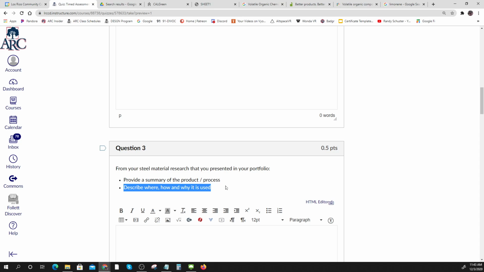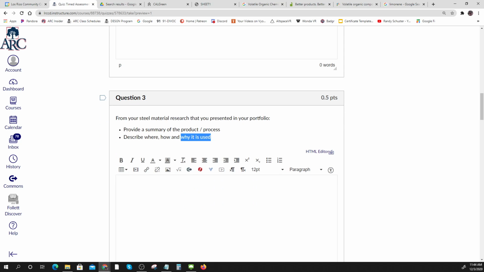So if it's MIG, it's used in manufacturing of steel structural components, normally in a workshop, so that you don't have wind blowing away the shielding gas, something like that. And it's used because it's a very reliable, simple way to do it, and you get very high quality because of the shielding gas. Whatever your summary was.